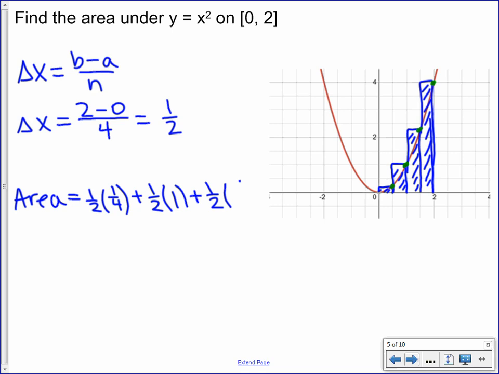So our x value is 3/2, 9/4. There we go. Plus 1/2 times the height of our last rectangle. X is 2, 2 squared is 4. 2 squared gets us to the green dot of 4.